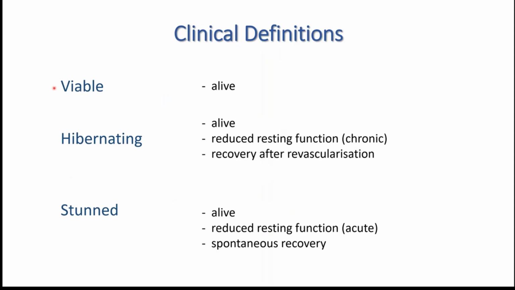But I would say that the definition of viability is just that myocardium that is alive, bearing in mind my reservations that I've just said. I'm going to come back to hibernation. I'll say less about stunning, but let's speak a little bit about viability. Alive, meaning no more, no less than that.